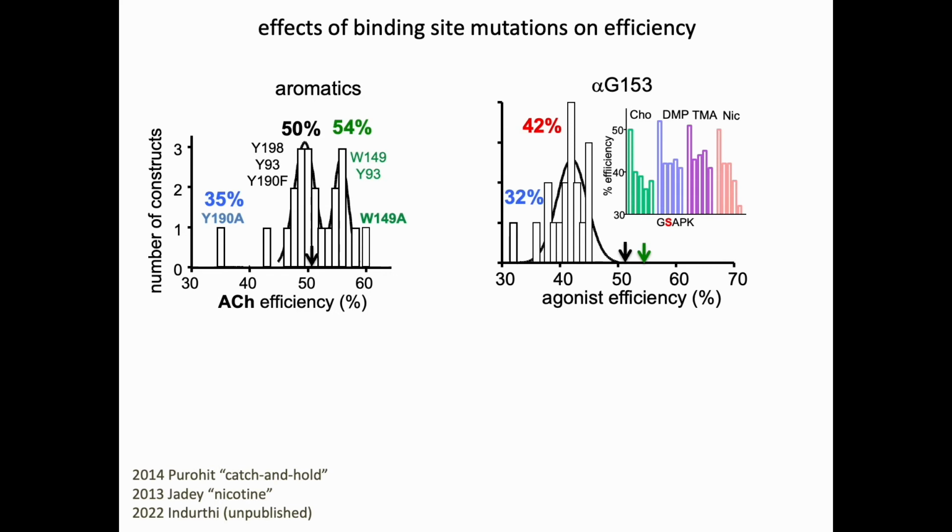This inset shows the efficiencies for each agonist. I want to point out one of these mutations, G153S, causes the disease congenital myasthenic syndrome.